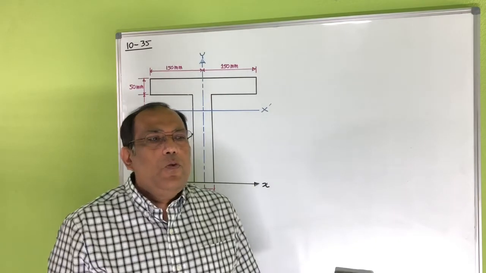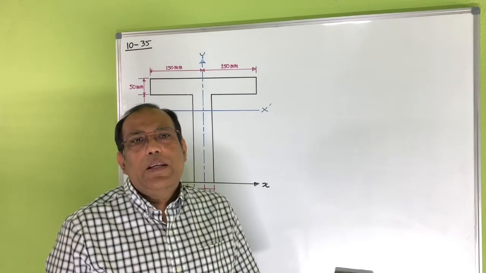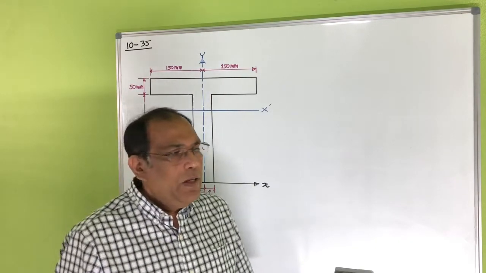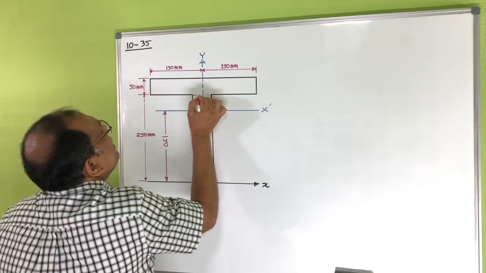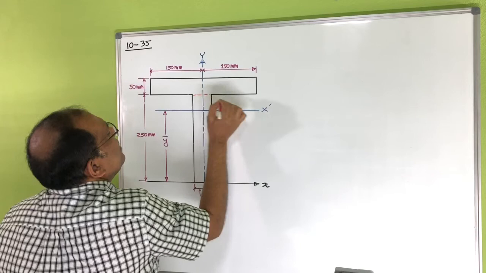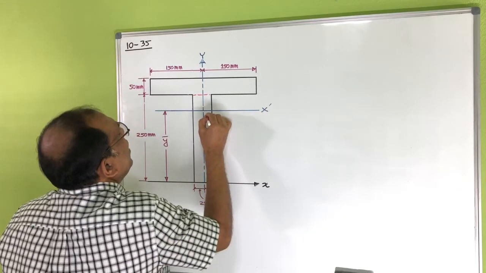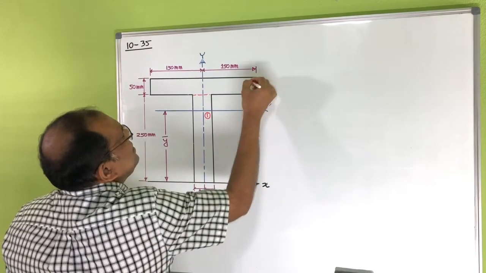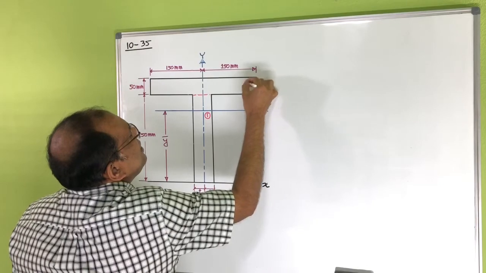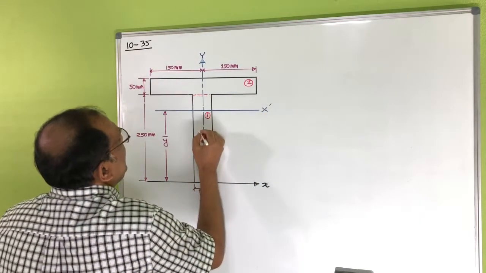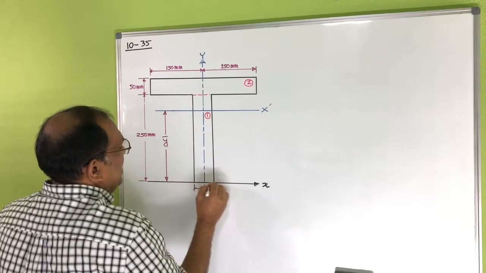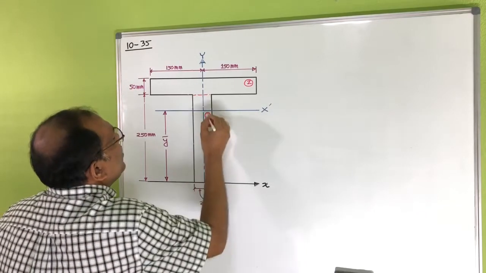So first of all, we'll divide this into some regular shapes. I can do that here using this one. Let's say this is 1 and this is 2. The first thing I have to know is the centroid of component 1.